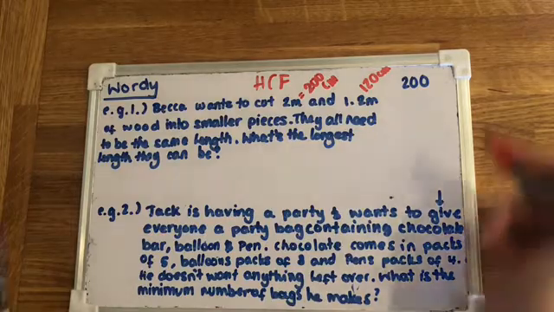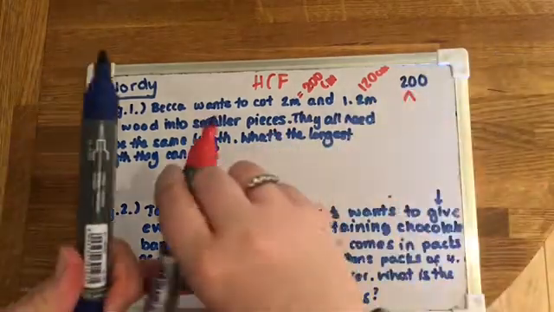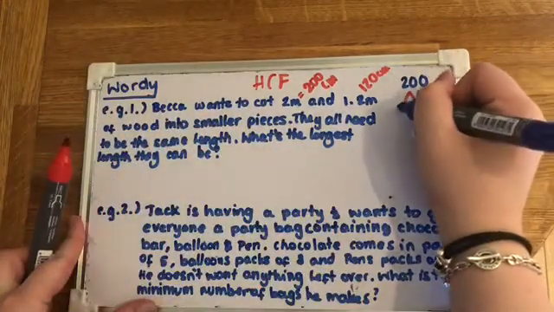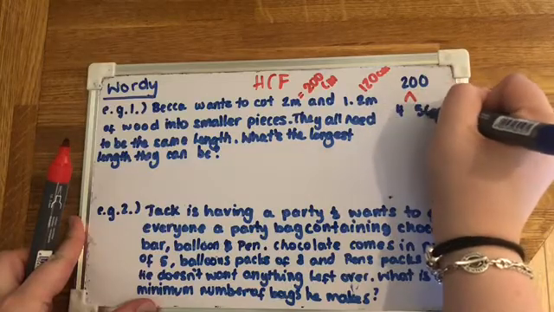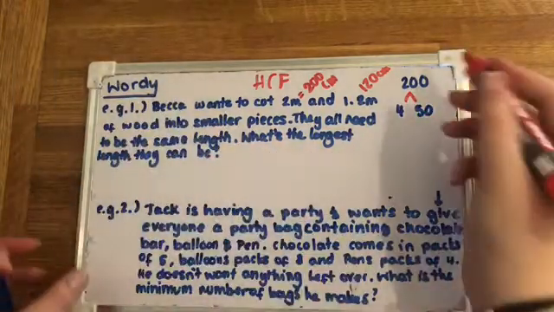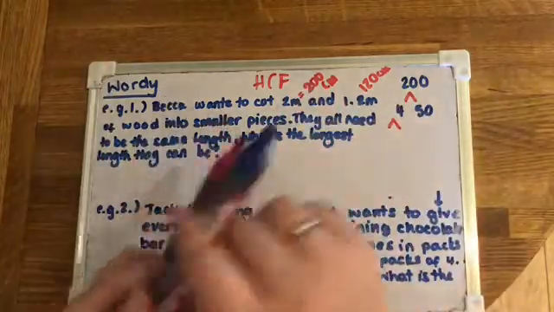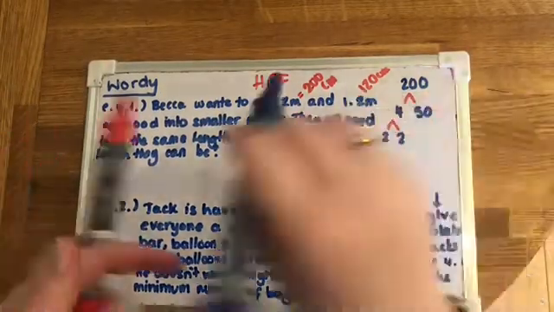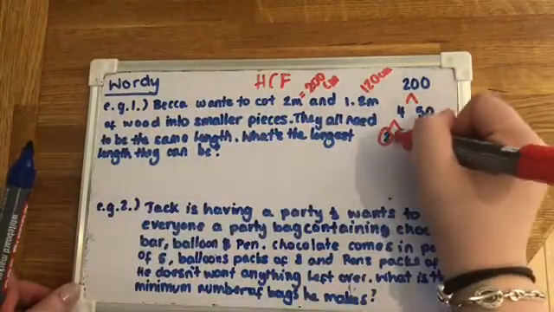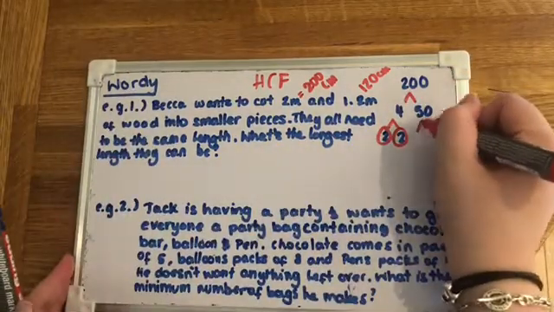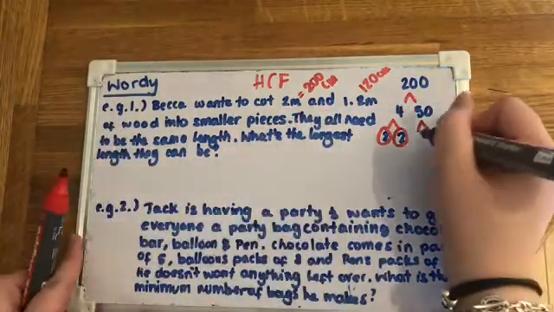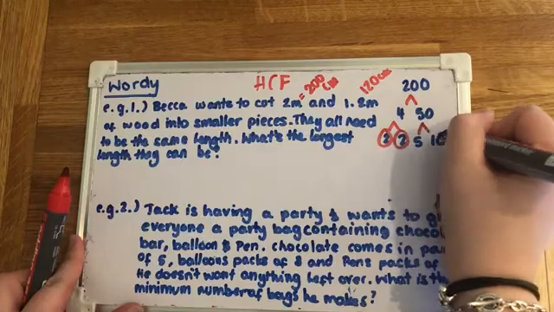Okay, so numbers that multiply to make 200 could be 4 and 50. Neither of those are prime, so 4 could be 2 times 2. They're both prime, so I can circle them. 50 could be 5 times 10.